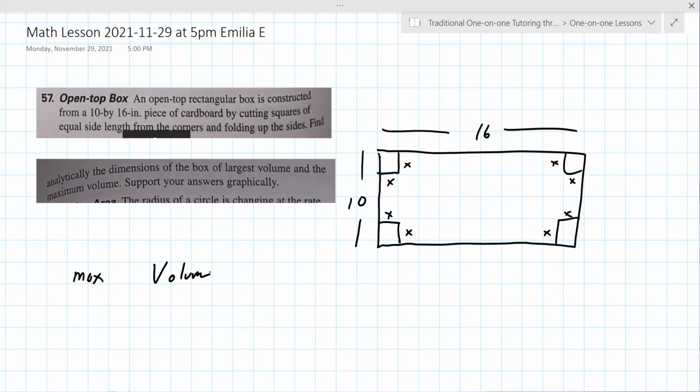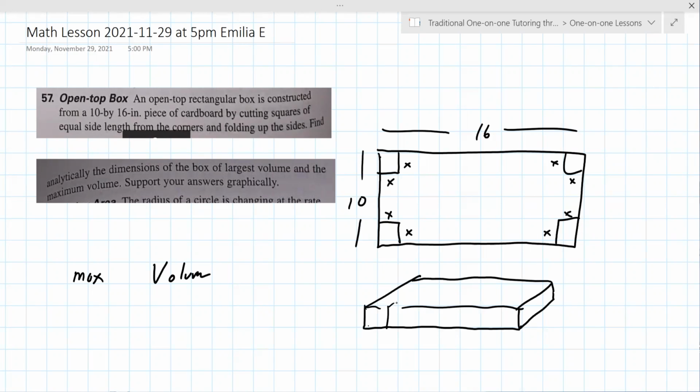Okay. So maybe it's not easy to see here, but the box looks like this when it's folded up. Like it actually is a 3D box. So x is the height.